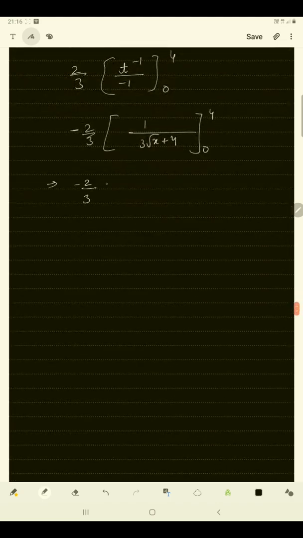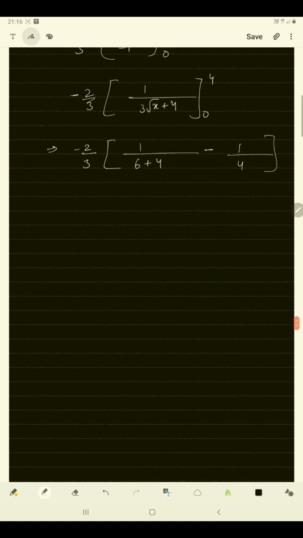Solving this, minus 2 by 3, 1 by under root 4 is actually 2, so 6 plus 4 minus 1 upon 4. By putting the 0 we get 1 by 4. Now minus 2 by 3 into 1 by 10 minus 1 by 4.